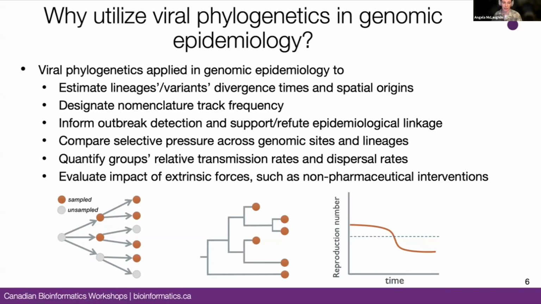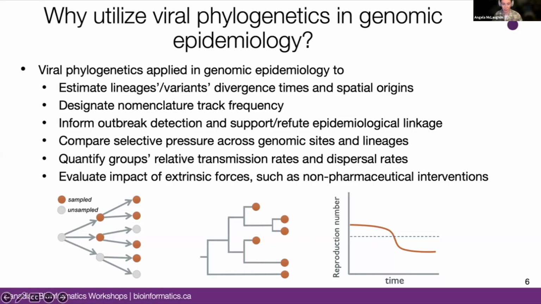It's also useful to designate nomenclature such as pango lineages and to track their frequency, to inform outbreak detection and support or refute epidemiological linkage. Also to compare selective pressure across genomic sites and lineages while considering that the tips you sample are not independently sampled.